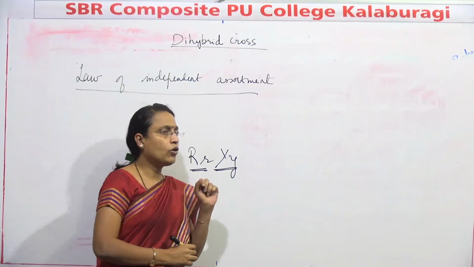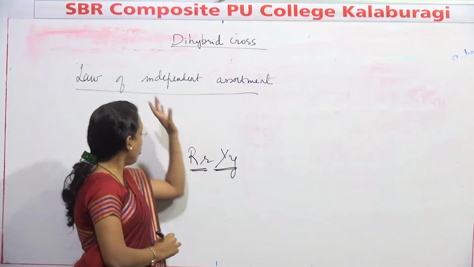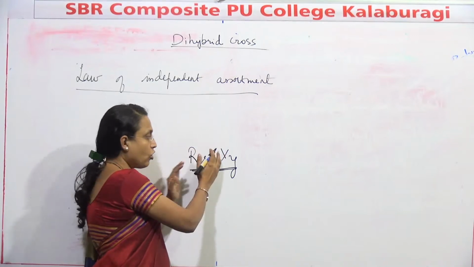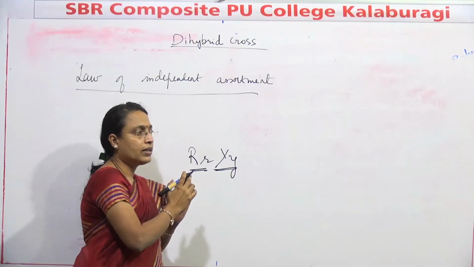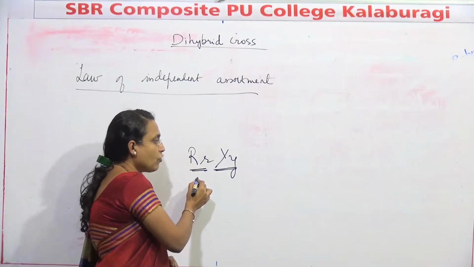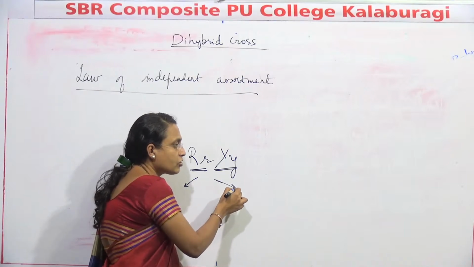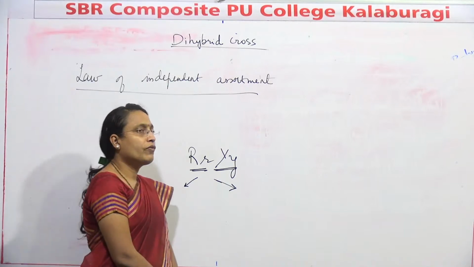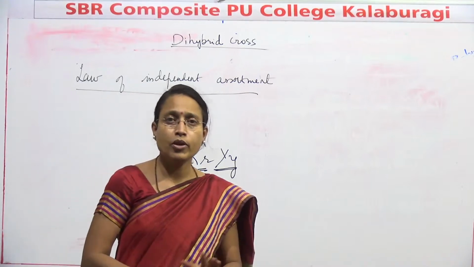These pairs of traits encode for a particular character. According to the law of independent assortment, the segregation, that is the separation of one pair, has a level of independence from that of the other pair. What does that mean? Segregation of one pair is independent of segregation of another pair, and that too during the formation of gametes, when segregation occurs during anaphase 1 and anaphase 2 of meiosis.